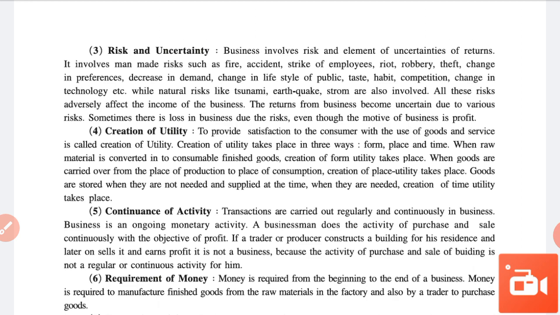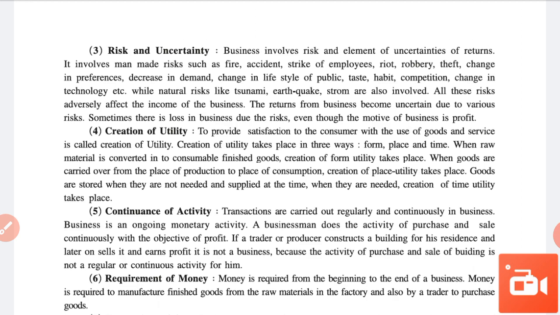And not only is risk a kind of loss, but many other types of risk are available in business, like man-made risks such as fire, accident, strike of employees, robbery, theft, etc. And natural risks are also there, like tsunami, earthquake, and storm.